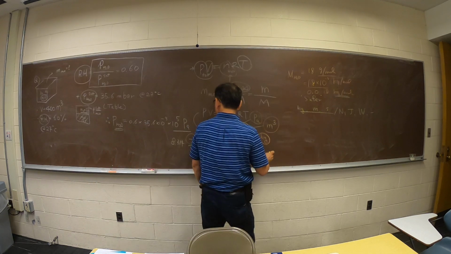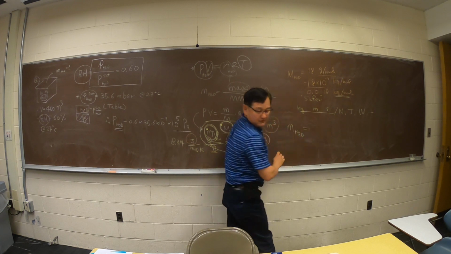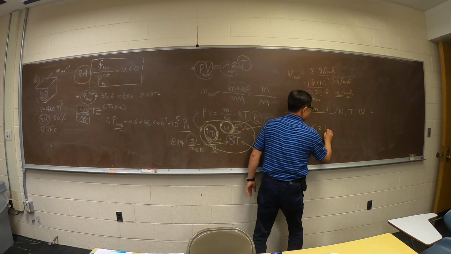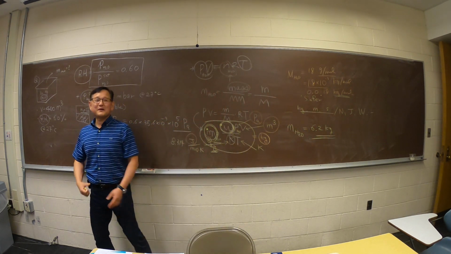Anyway, if you put in everything, the mass of H2O in this room is about 6.2 kilograms. That's a lot of water, okay?